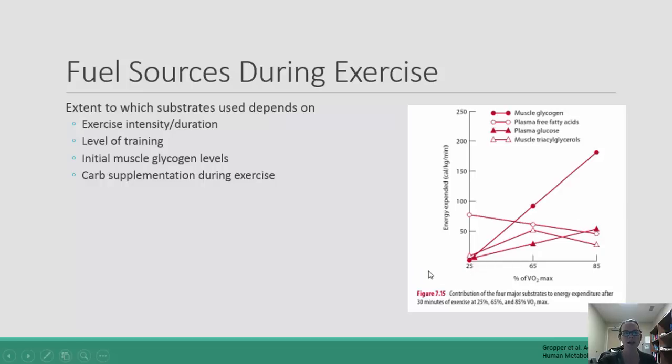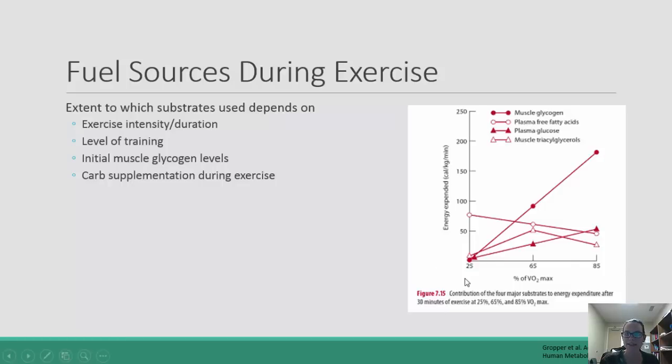So this is showing both our exercise intensity and level of training. As we increase in our training, we increase in our ability to utilize oxygen. But even no matter if you're trained or not, your percent of VO2 max is going to indicate how intensely you're exercising.